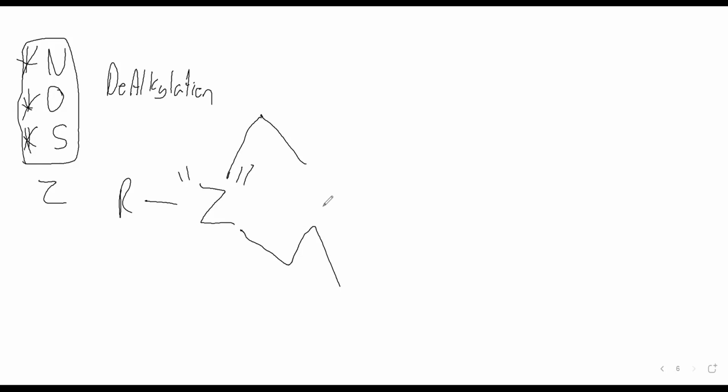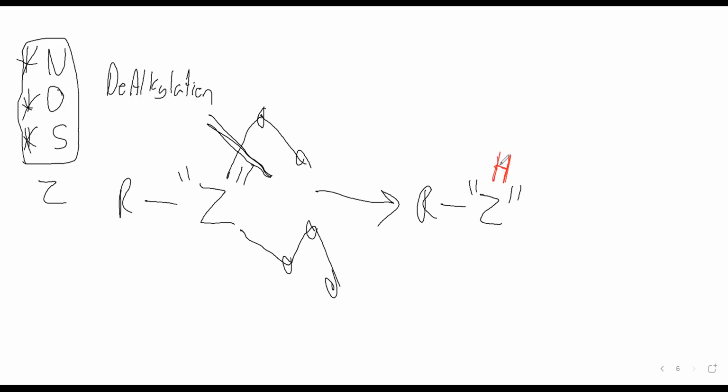So these chains, I made them different lengths on purpose. This one has 1, 2 carbons. This has 1, 2, 3. We're going to be severing it here and installing an H. So what you see is R, Z, indicative of the nitrogen, the oxygen, or the sulfur, with an H here.